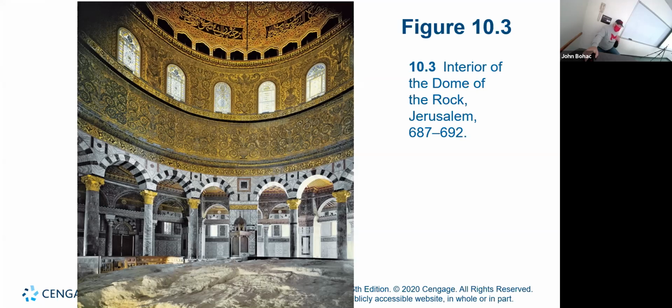And they look at Muhammad as a prophet as well. And so anyway, at least in some belief systems, this is where Abraham sacrificed Isaac, and this is where Muhammad ascended into heaven.